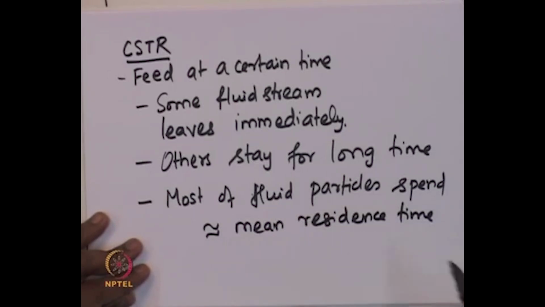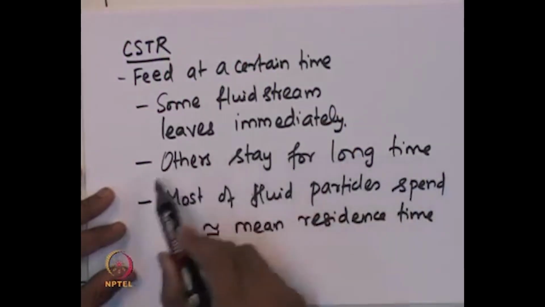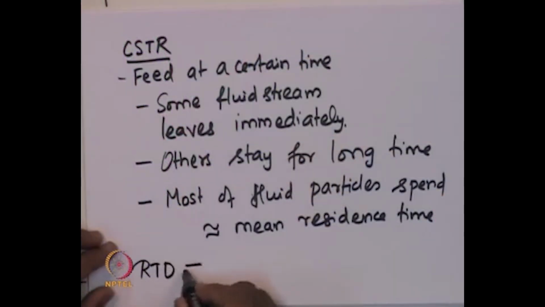So, in a CSTR, some fluid stream leaves immediately and the others stay for a longer time, which means there is going to be a distribution, and the residence time distribution characterizes the extent of mixing inside the reactor. That is an important aspect.